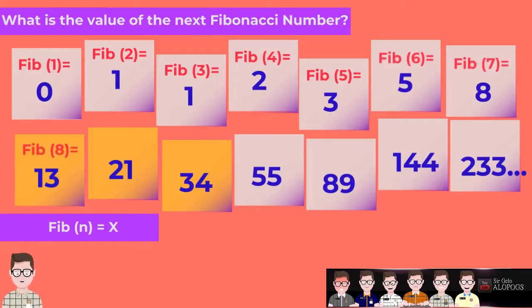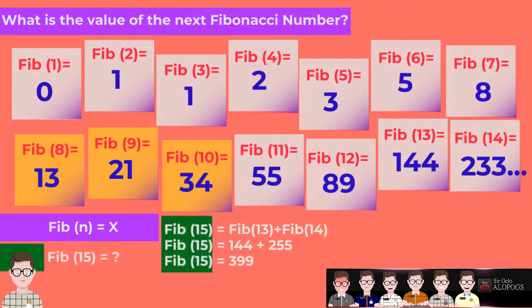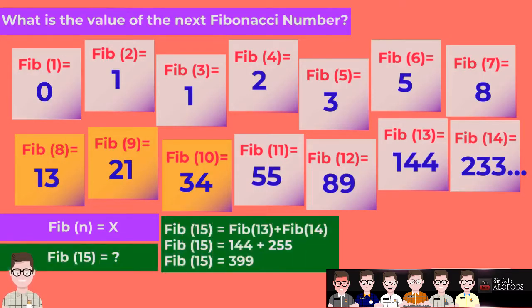How about Fibonacci series number 15? Okay, so what is its value? All we need to do is add the Fibonacci series 13 and 14, which is 144 and 233. So Fibonacci series 15 is equal to 144 plus 255 is 399.